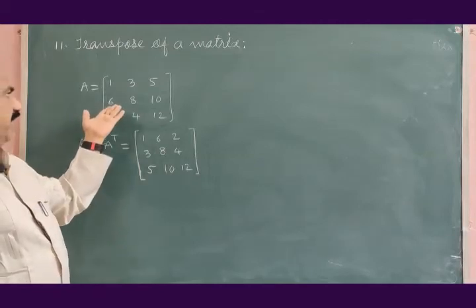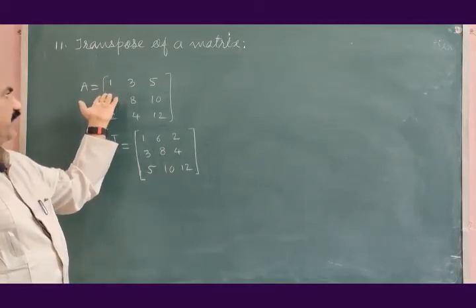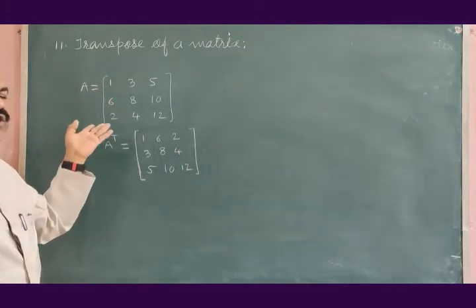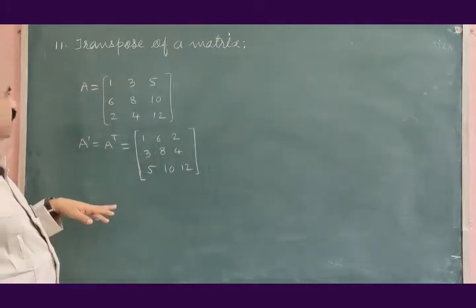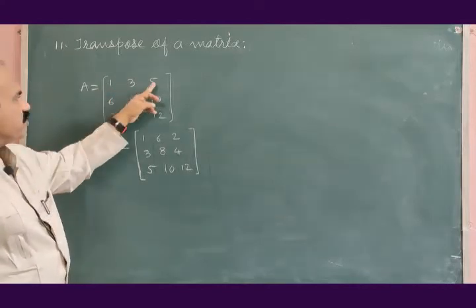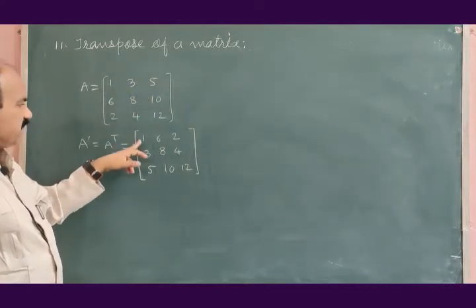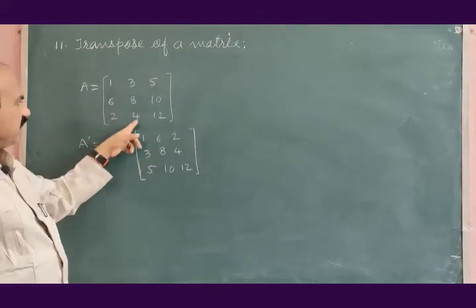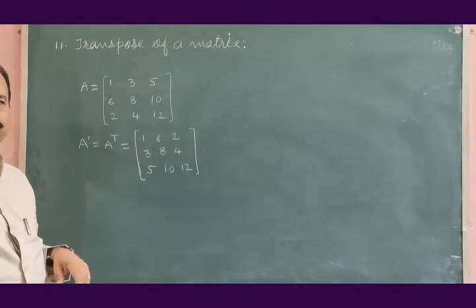If this is the given matrix with 3 rows and 3 columns, interchange the rows and columns. So, let me write first row as first column, second row as second column, third row as third column.